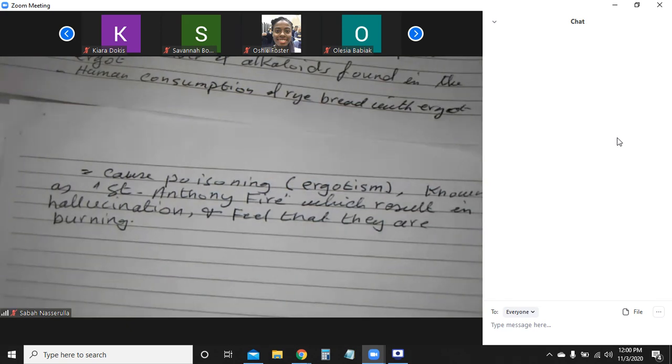And also some of these alkaloids of the ergot, basically it will serve as a very strong or lethal kind of psychological drug called LSD, okay?